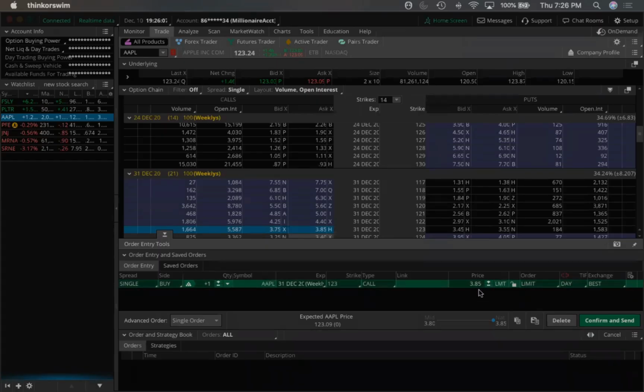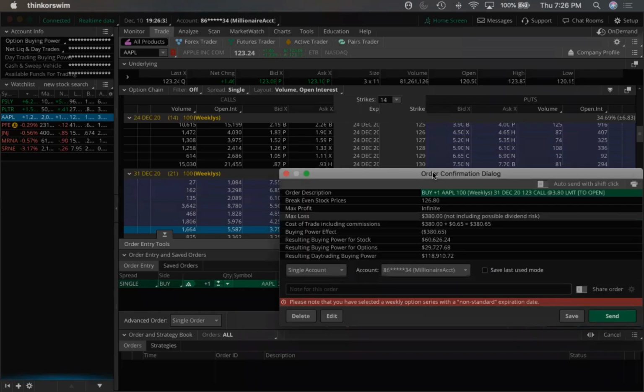A limit order means that price or better. So if I'm placing an order, limit means no matter what I put, it's going to give me that price or better. If I put $375, then until this option drops to $375, it won't buy it. So I might say, hey, I want to save myself $5. Let me buy this option for $380, but let me look and see what it's telling me is going to happen.